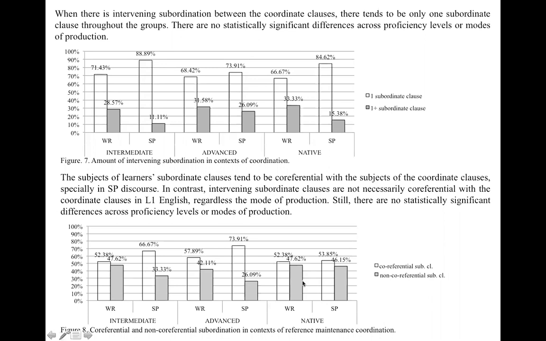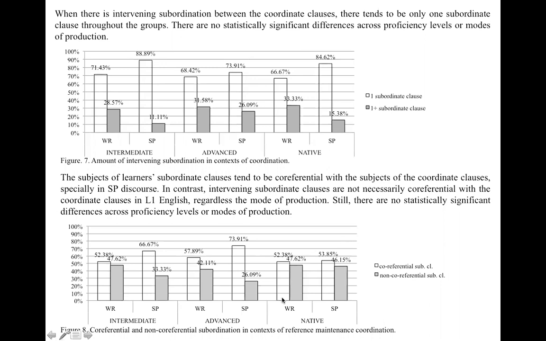But in contrast, intervening subordinate clauses are not necessarily co-referential with coordinate clauses in L1 English, regardless of mode of production. However, the frequencies are very low at this point, because remember that intervening subordination is not very frequent in our texts. So we are dealing with very low frequencies, and this is probably where we won't see statistically significant differences. But we can see that, in terms of percentages only, there seem to be some differences in the learners' spoken language.